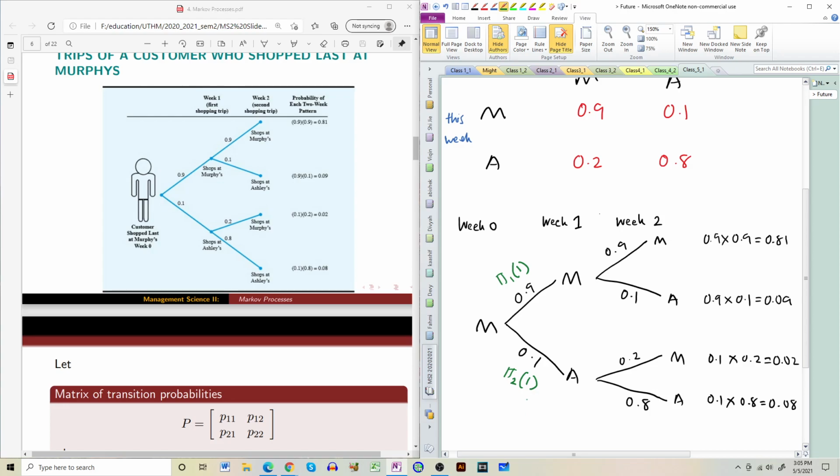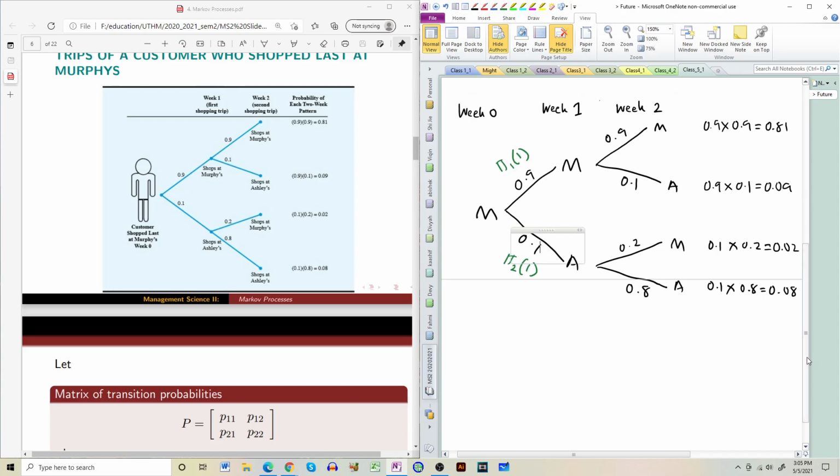Copy this first. For us to compute the probability of Murphy's at week 2, where's Murphy's?